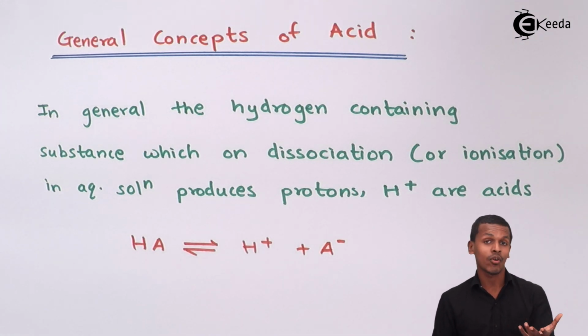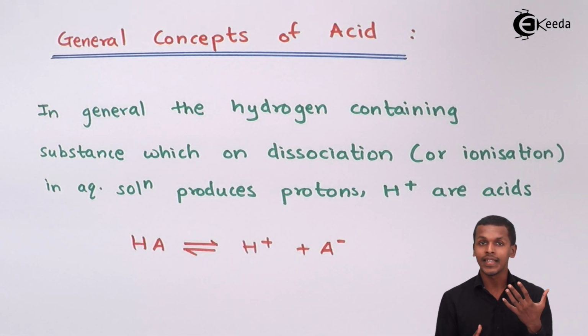Similarly, if I talk about HCl, when it is dissolved in water, or if we make an aqueous solution of HCl, then we will get H+ ions, and that is the reason HCl is called an acid.